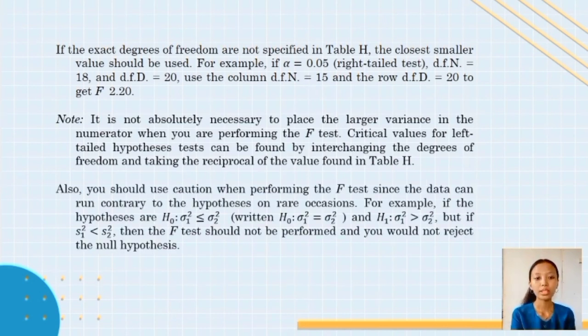Also, you should use caution when performing the F-test, since the data can run contrary to the hypothesis on rare occasions. For example, if the hypotheses are sigma squared sub 1 is less than or equal to sigma squared sub 2, which is the same as sigma squared sub 1 equals sigma squared sub 2, and our alternative hypothesis here is sigma squared sub 1 is greater than sigma squared sub 2.